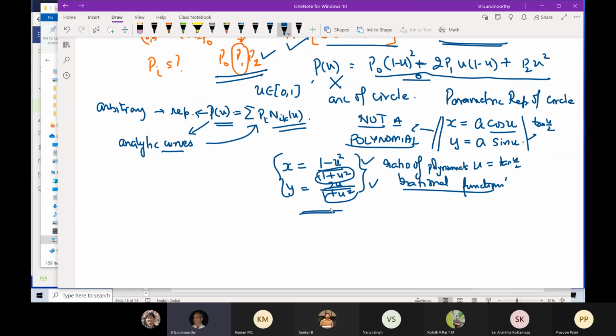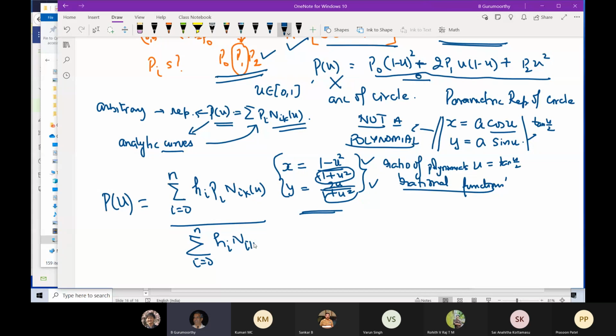What we do is we take up another form. I'm going to write this as that. Okay, so I have a new curve representation that uses the same basis functions as the spline, N_i,k.